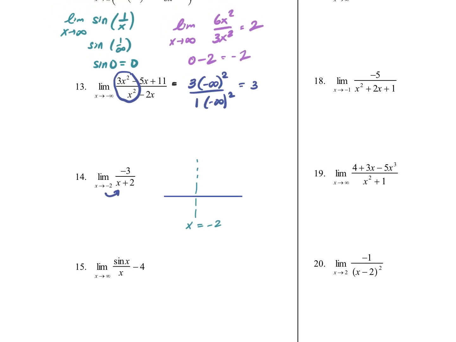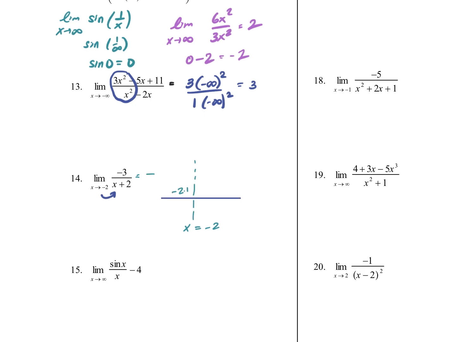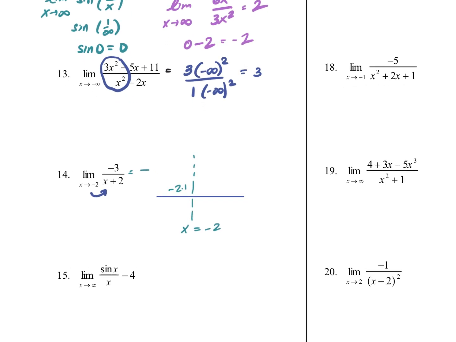So if I test negative 2.1, I'm testing here. The top is negative. All right, guys, I lost my train of thought here. I just got interrupted, but coming back, if we plug in negative 2.1, which is to the left, that means the top stays negative, the bottom stays negative, and the whole thing is positive.